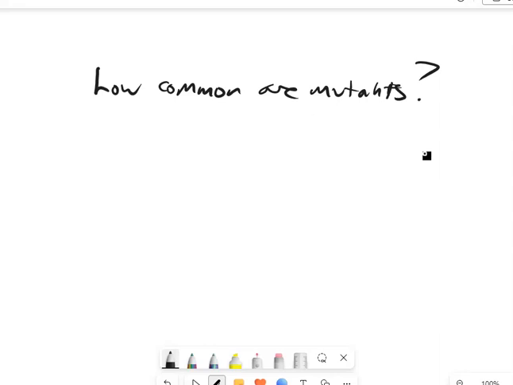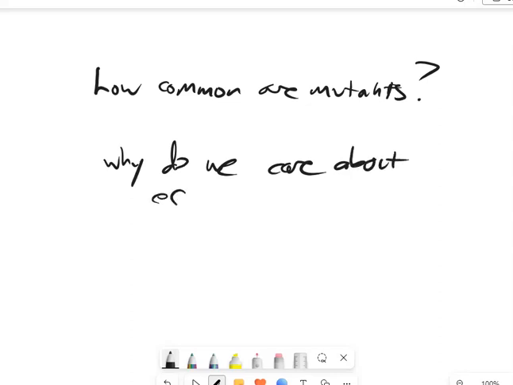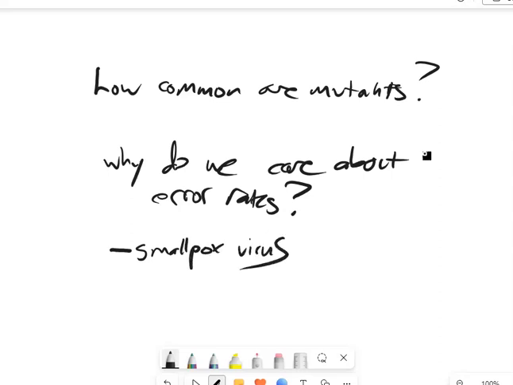Another thing we looked at was, why do we care about error rates? And if you look, examples I gave were for the smallpox virus. Its low mutation rate was one of the things that allowed us to eradicate it.